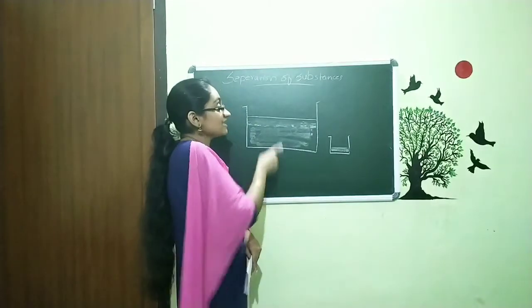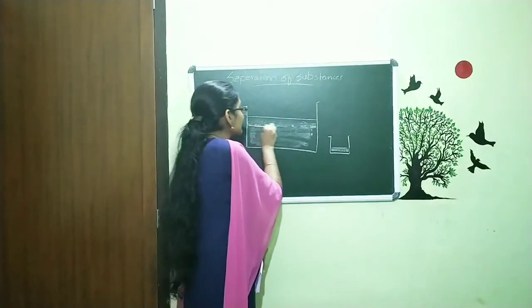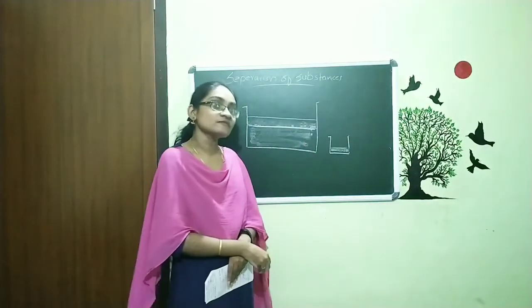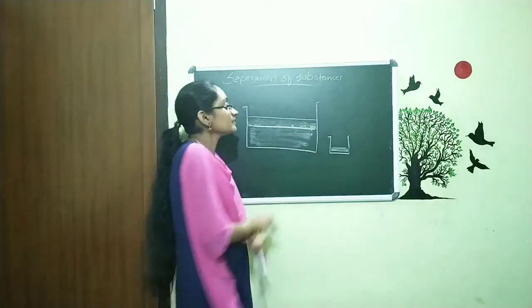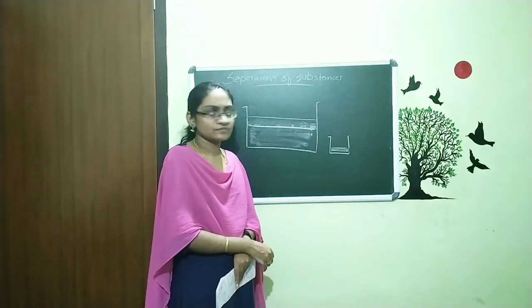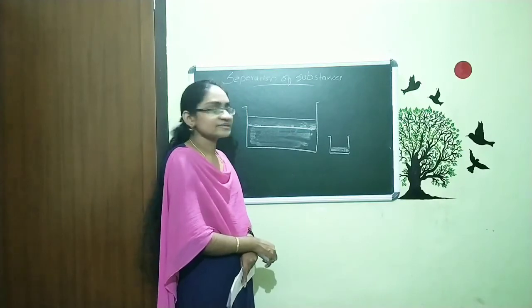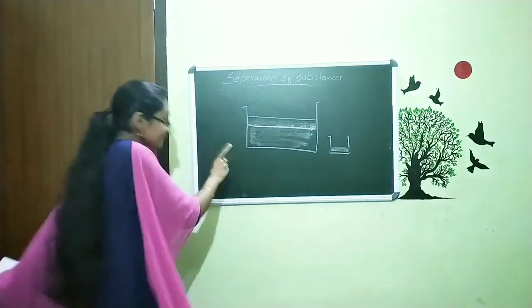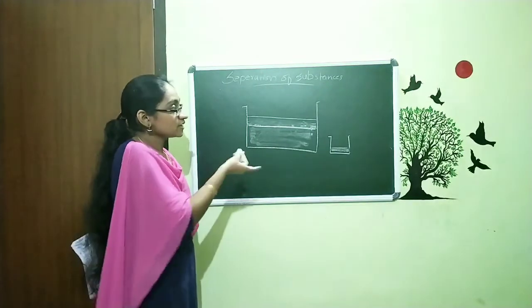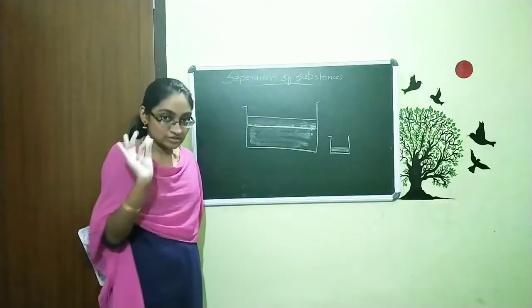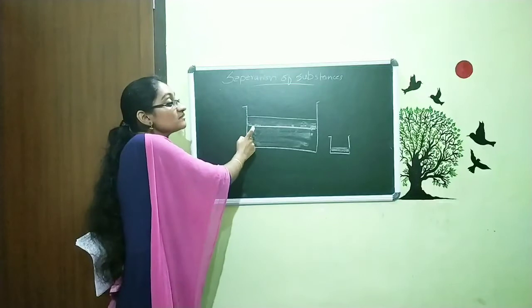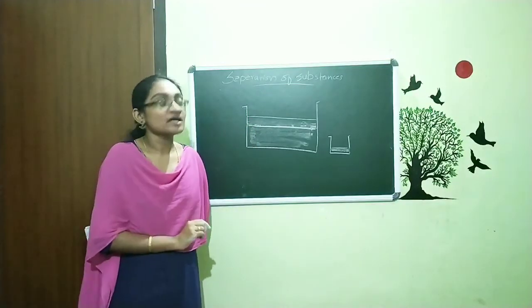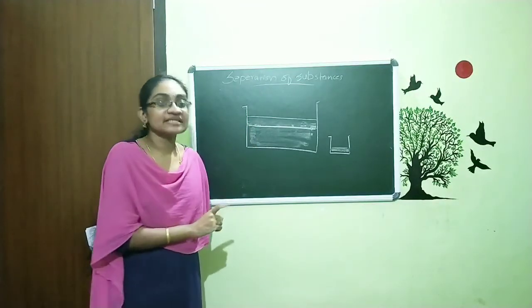That means when I started the experiment, I collected this much salt, and after the experiment, I only got this much salt. Why was the other salt left? Is there any problem? There is a problem in this experiment. What we explained in the last experiment is okay, but there is a problem with the quantity of the salt, and we will discuss that in our next class.